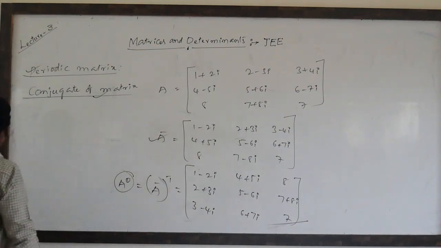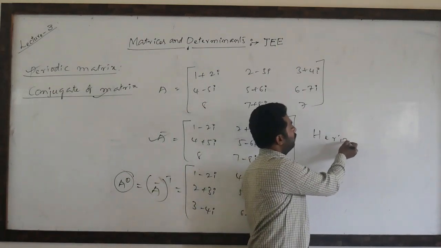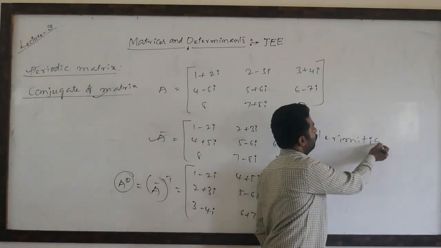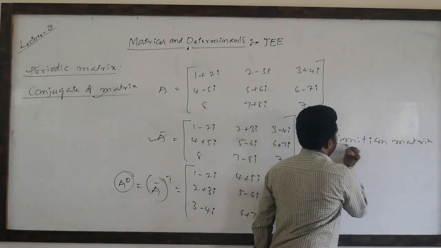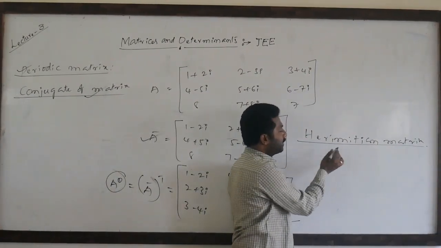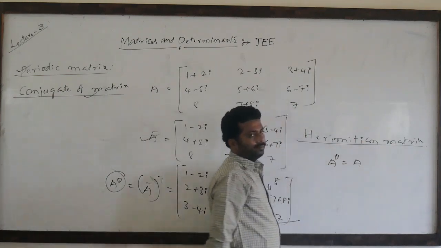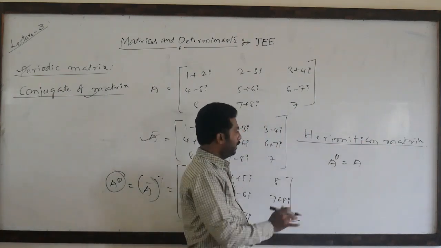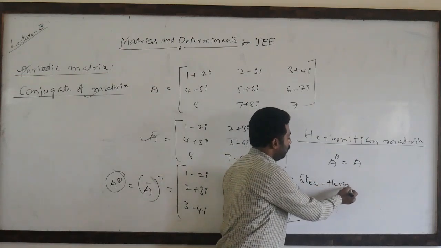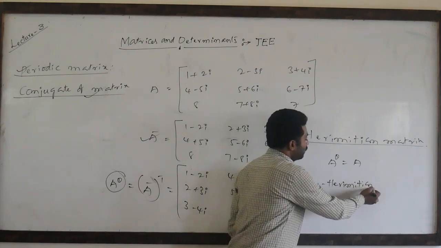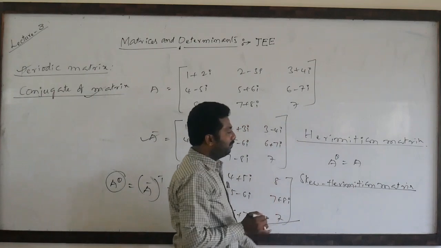Next, Hermitian matrix. What is a Hermitian matrix? A square matrix A is said to be Hermitian if A power theta equals A. Skew Hermitian matrix: what is a skew Hermitian matrix?